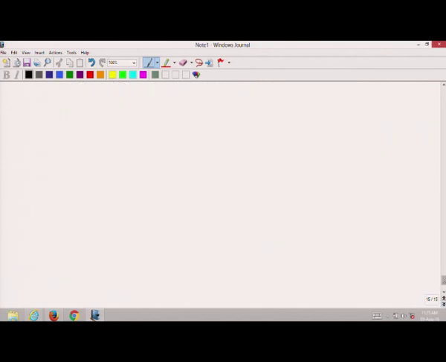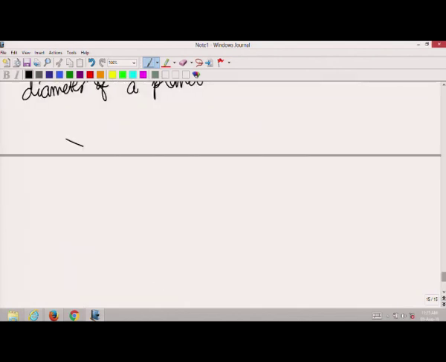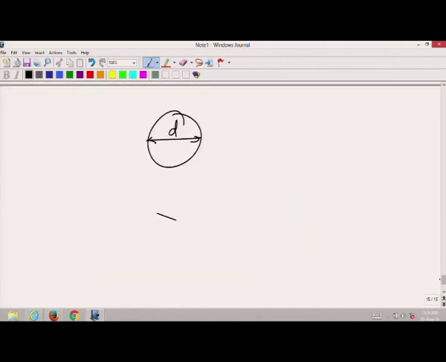So, we have a planet whose diameter is d, and we want to measure this diameter of a planet from a point on the earth.